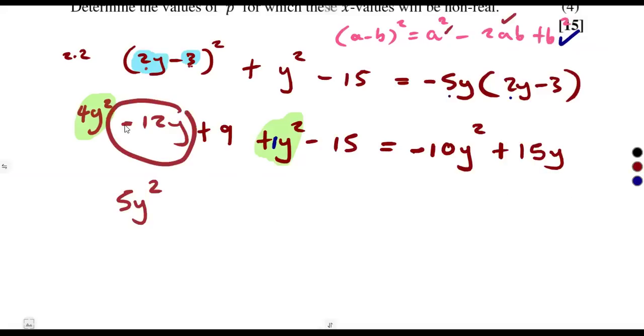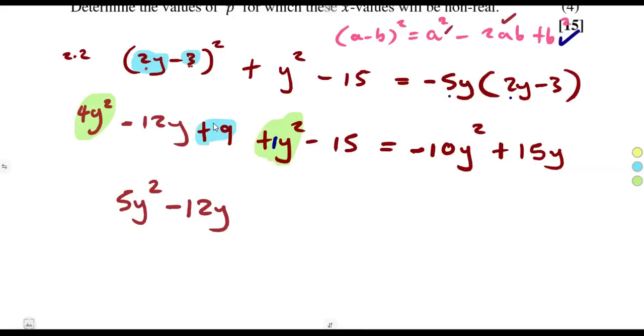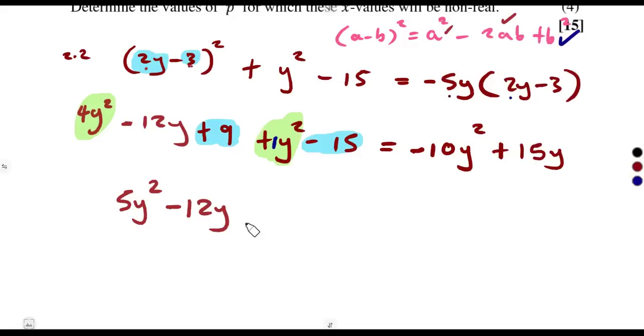Then this part of y is just on its own, so that's minus 12y as it is. Then the numbers we have here, 9 and minus 15. So 9 minus 15 is a negative 6. All right, this is equal to the right-hand side. We do not have like terms, so just rewrite it as it is.